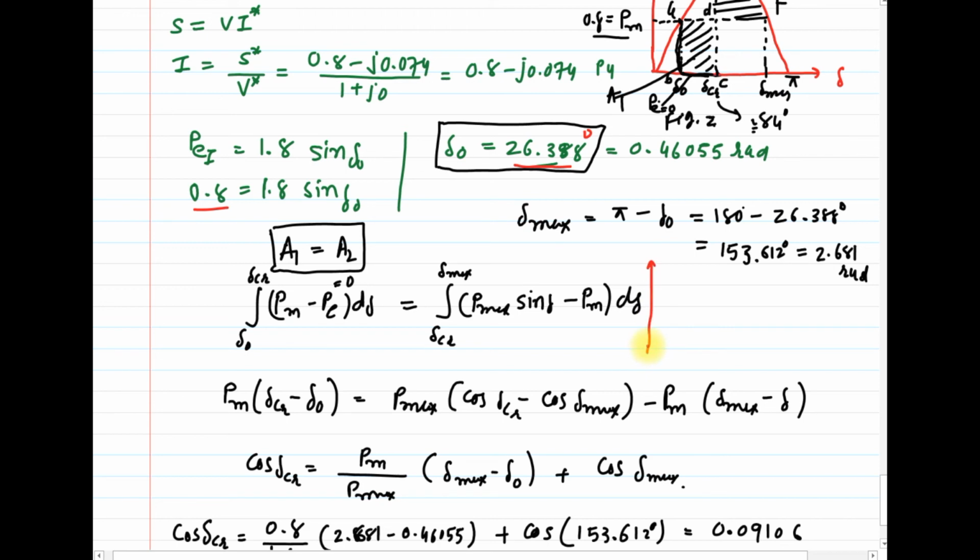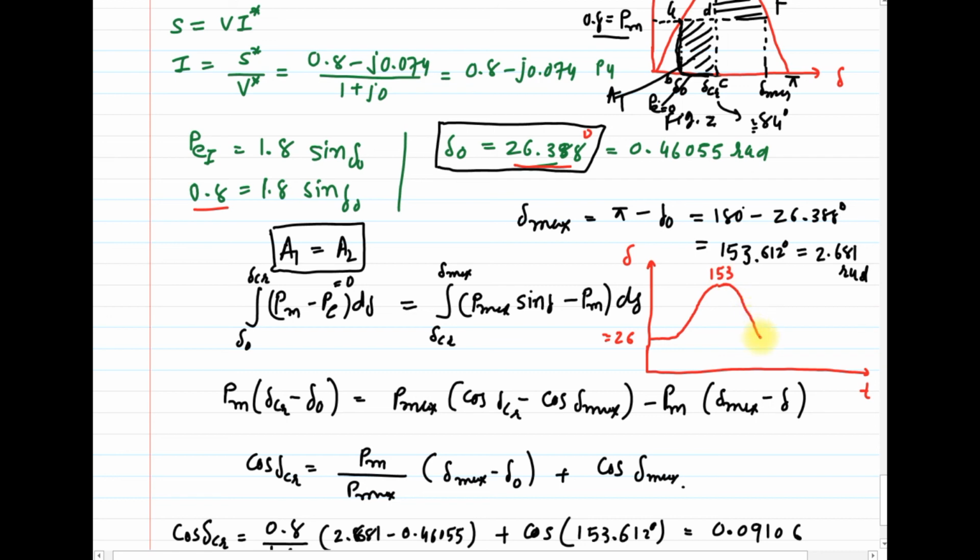Yes, delta versus t curve. Here is the normal operating condition at an angle of nearly 26 degree. Now after being subjected to the fault, it will reach the maximum at 153 degree, and then it will come back.